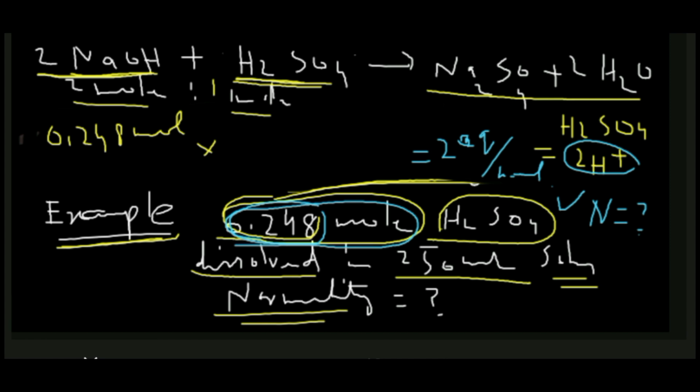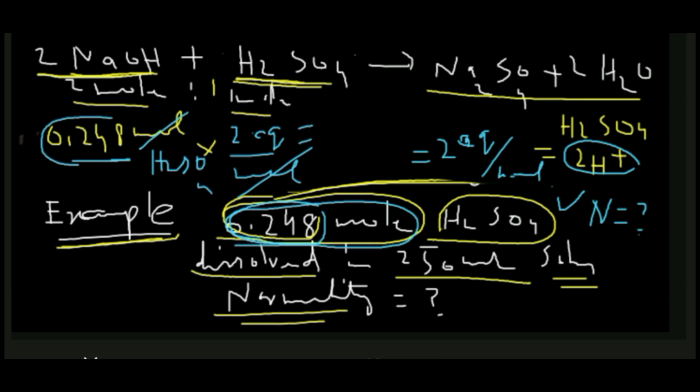You can write here that 0.248 is the mole of sulfuric acid, multiplied by 2 equivalents per mole. So mole and mole will be cancelled here, and if we multiply the 0.248 with the 2, we get 0.496.